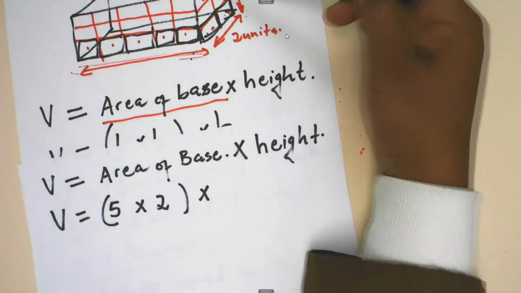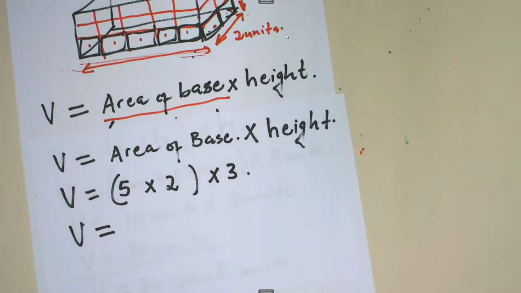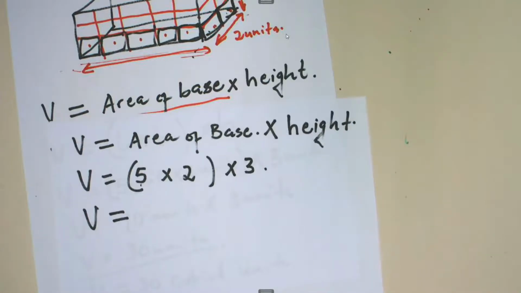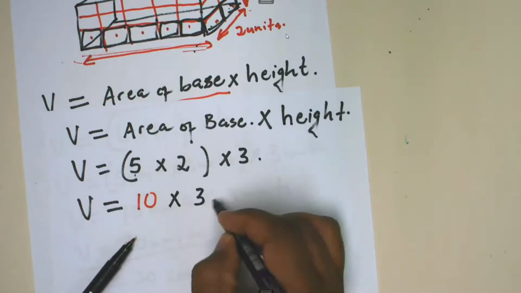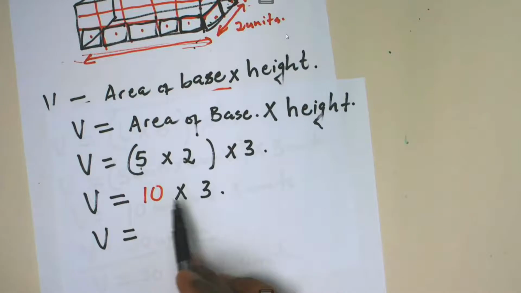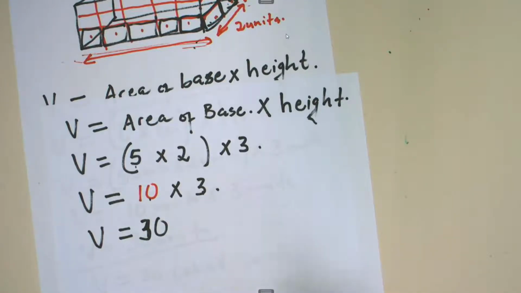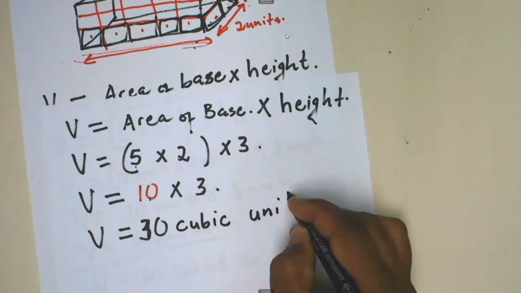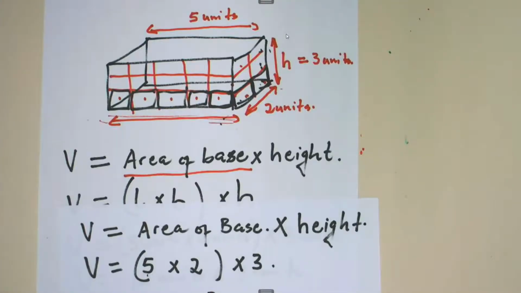It's 1, 2, 3 cubes that side, and therefore the volume will be, okay, remember the order of operation, 5 multiplied by 2, that will be 10, and then we multiply by the 3 outside, then that will be 3 multiplied by 10, 10, 20, 30, and therefore all in all it will be 30 cubic units.